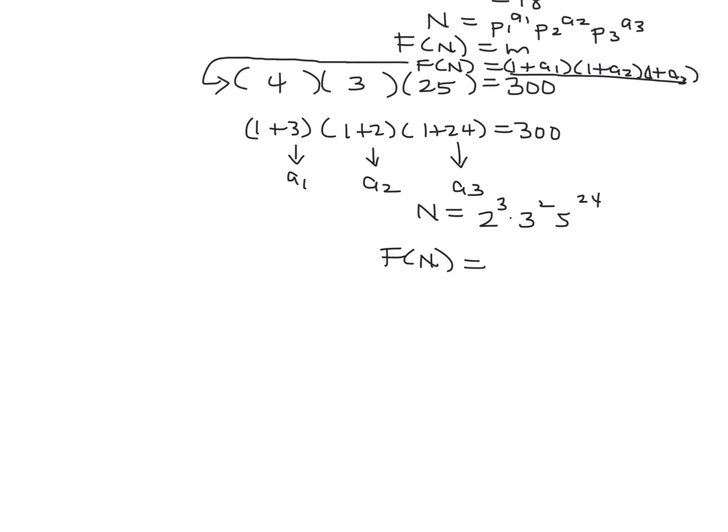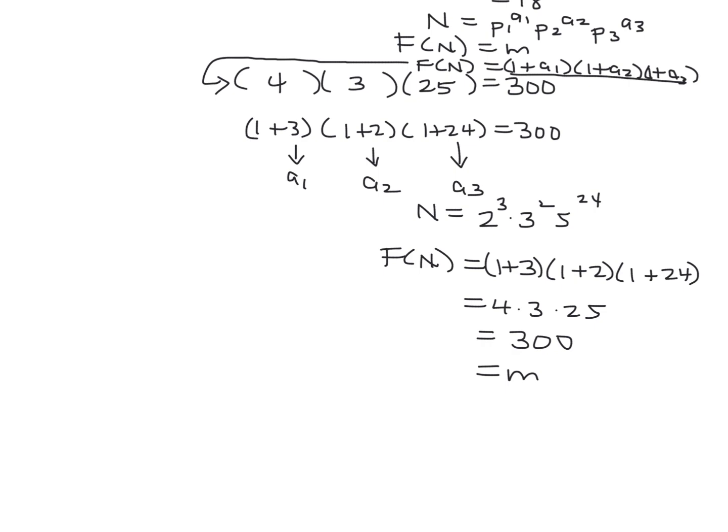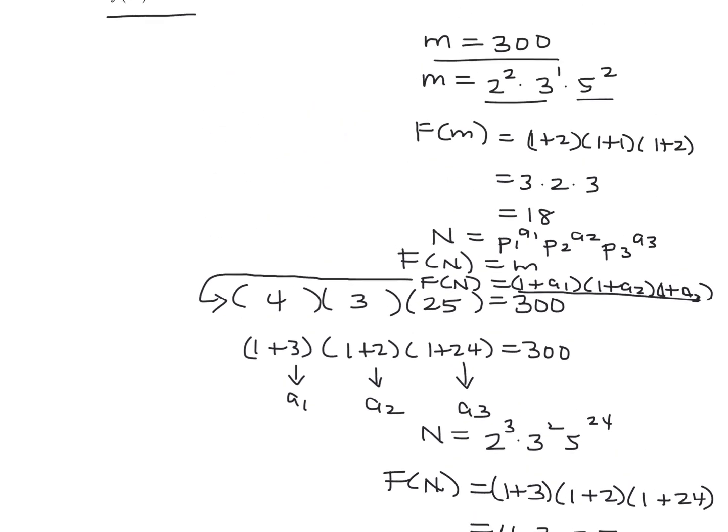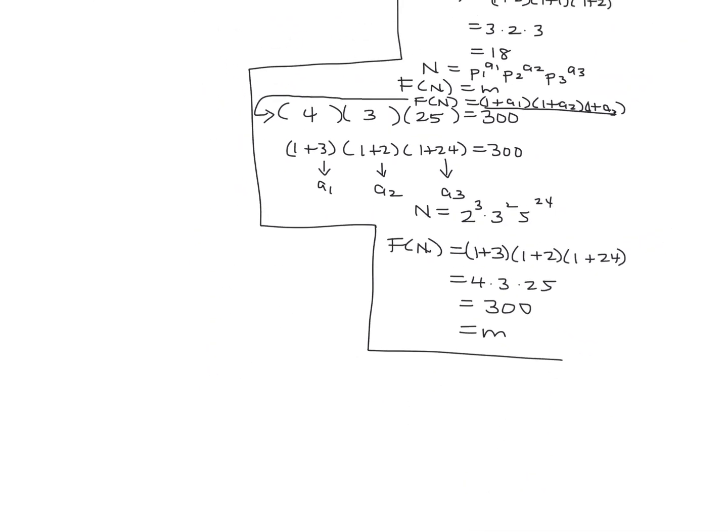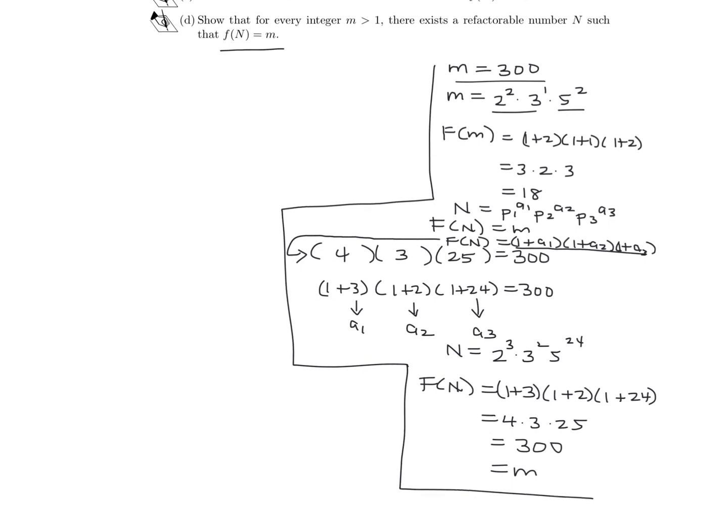It would be 3 plus 1, 2 plus 1, and then 24 plus 1. So that gives me 4 times 3 times 25, which is 12 times 25, which is 300, which is equal to m, which is what I originally had. I gave you that numerical example to show that this is possible.